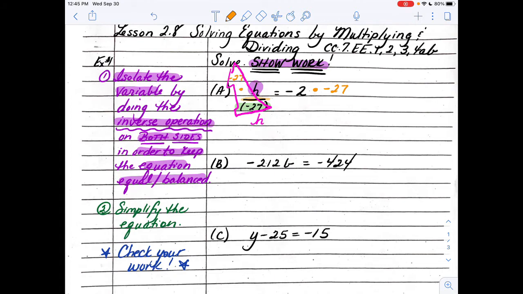So now I've got h is equal to, what's a negative times a negative? Well, that's a positive. And that's positive 54. There is my answer. Now my variable is nice and isolated.